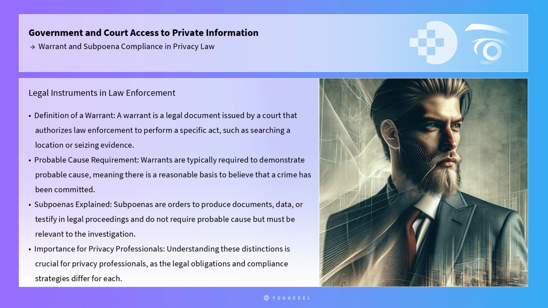Subpoenas, on the other hand, are orders to produce documents, data, or testify in legal proceedings. They do not require probable cause, but must be relevant to the investigation and not overly burdensome. Understanding these distinctions is crucial for privacy professionals, as the legal obligations and compliance strategies differ for each.